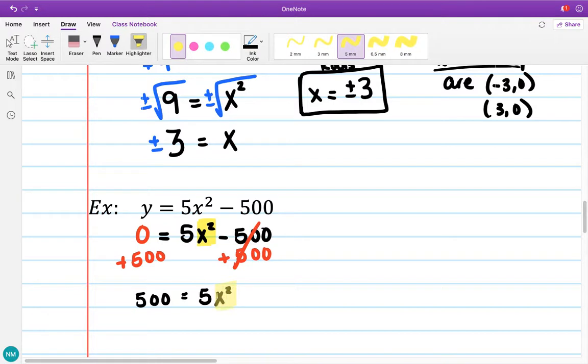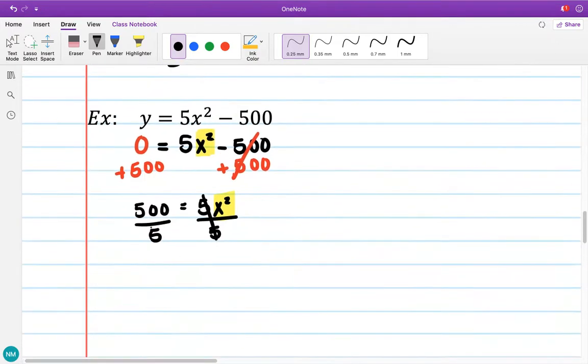Again, I want to isolate this x squared, so I'm going to divide by 5. This goes away, and so I get 100 equals x squared. And now I have the squared. I take the principal square root, but plus or minus.